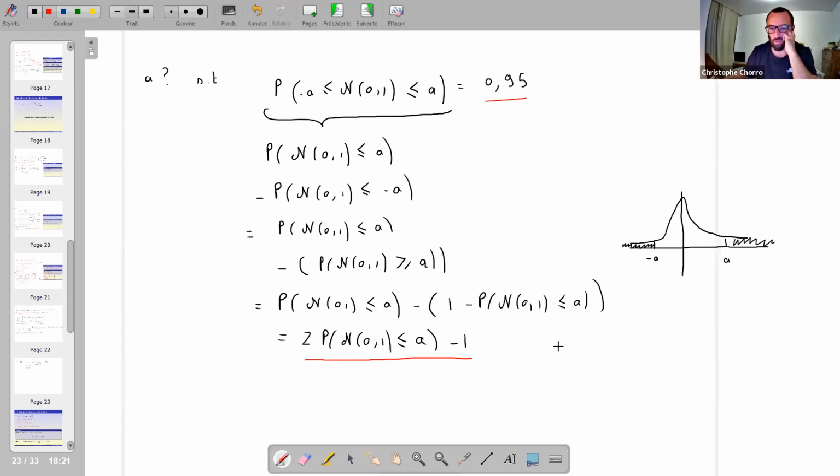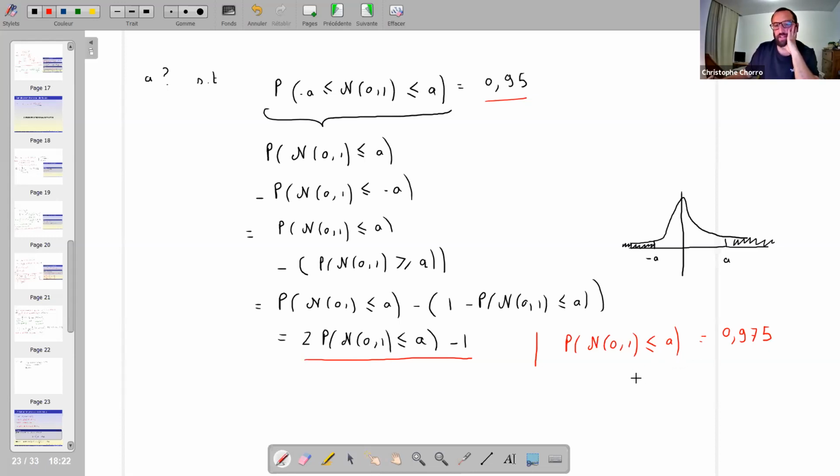In other words, P of N(0,1) less than a is equal to 1.95 over 2, that is 0.975. So it's what I want to solve.